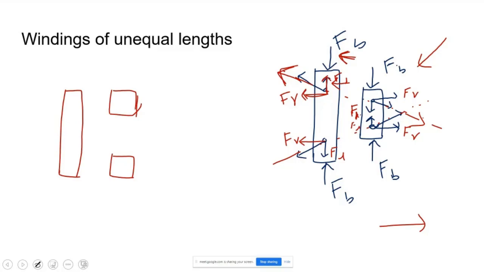I'll give the hint. Divide this winding into two parts with its center of gravity, and here also two parts with center of gravity, and then draw the forces. Of course, this center of gravity is a little bit above the level. So you can see this is the level.